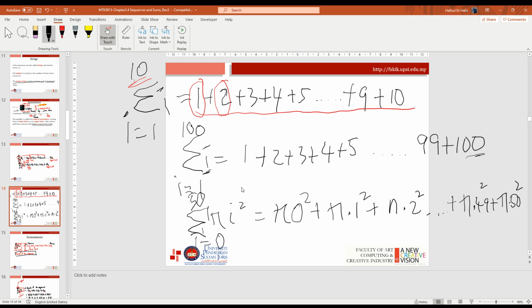For example, if you have the terms i starting from i equal to 1 until 10, you sum all of them: 1, 2, 3 until 10. If you have the summation of i equal to 1 with upper limit 100, you sum until 100. The same goes for the product with pi.